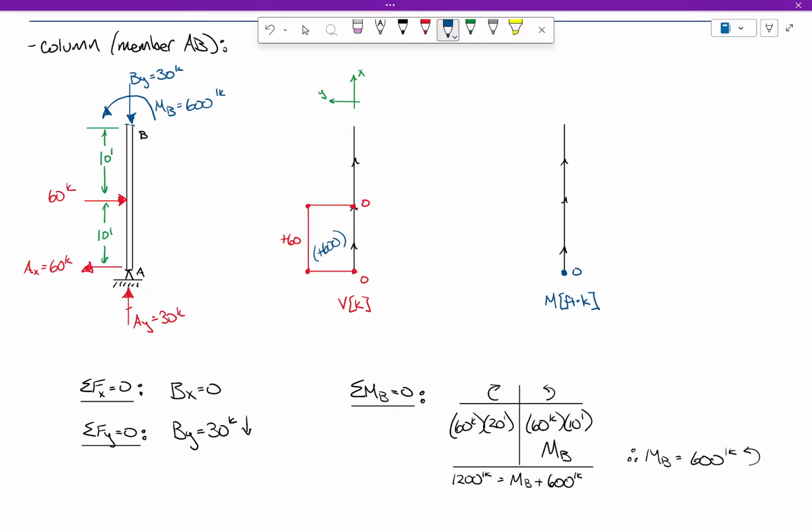Would it go diagonal out? Diagonal, yes. Right or left? That is a good question. That's why I asked it. Go left. Because this is positive, so it's going to go up positive. Then what's it going to look like from here to here? Straight line up. And then this 600 foot-kip moment is going to bring us back down. Right? So that's what the moment diagram is going to look like.